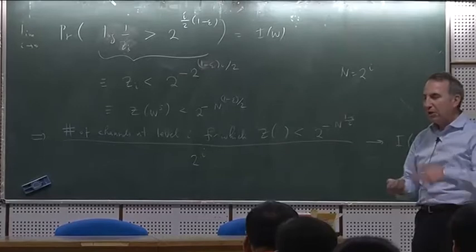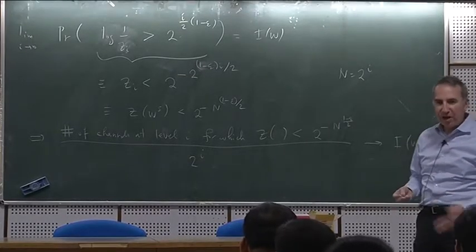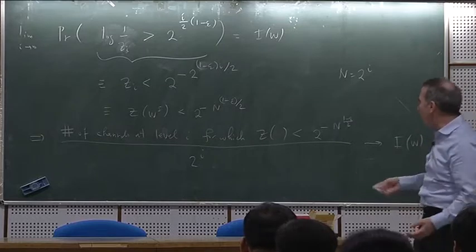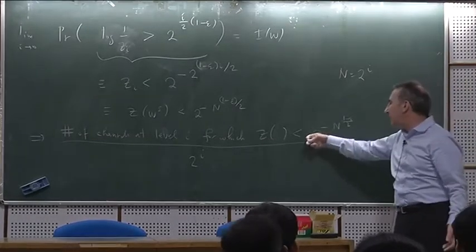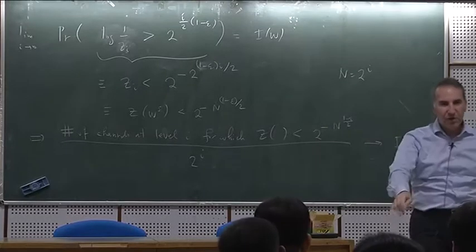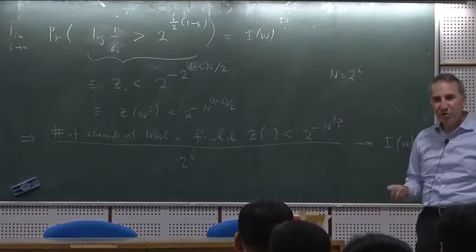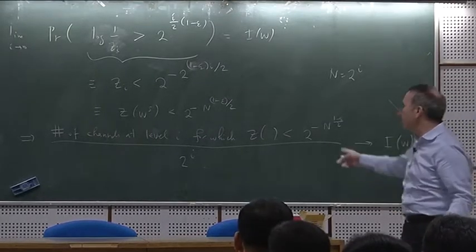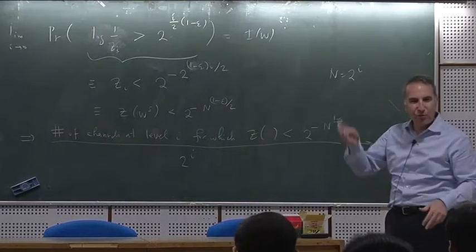So the total error probability is the number of channels I picked, which is at most n, times the Z, which is the upper bound on error probability. I have n times something which is exponentially small in square root of n, so that number is also going to 0. If you multiply with something exponentially small, a polynomial factor in n makes no difference. You still go to 0.